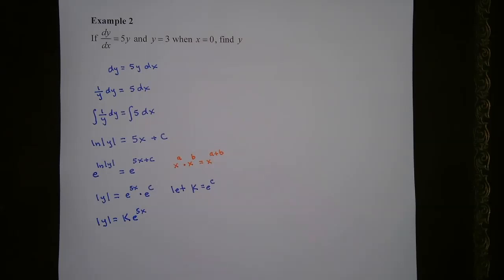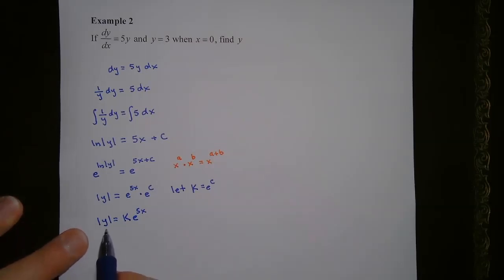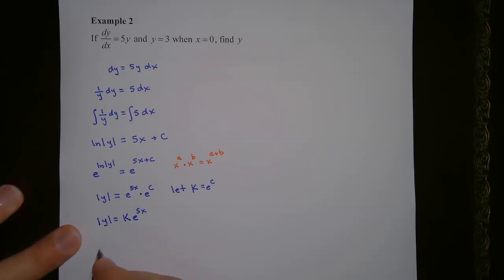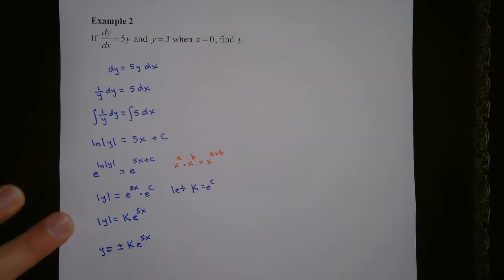All right. Now, the next thing we're going to do is, when we take the absolute value of y equals k times e to the 5x, all right, that would mean y can either equal the positive of this or the negative of it. Okay, that's just solving absolute value equations. So this is plus or minus k e to the 5x.